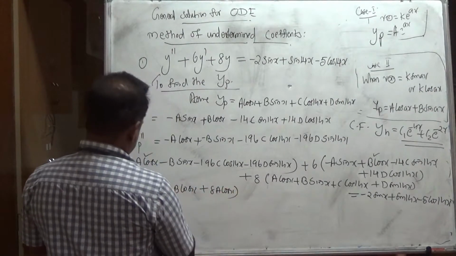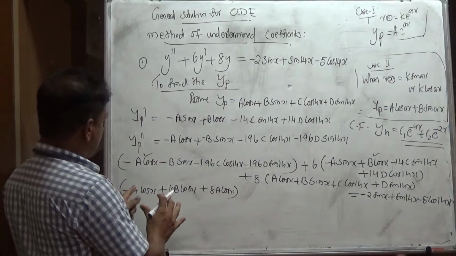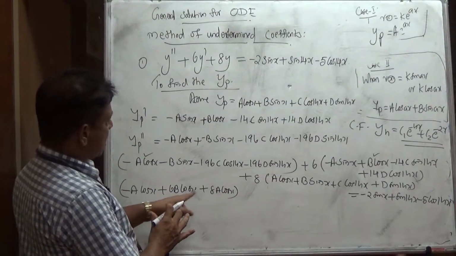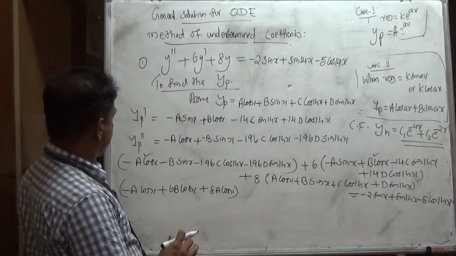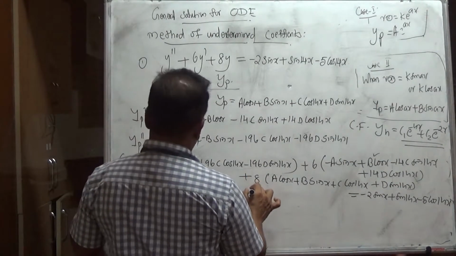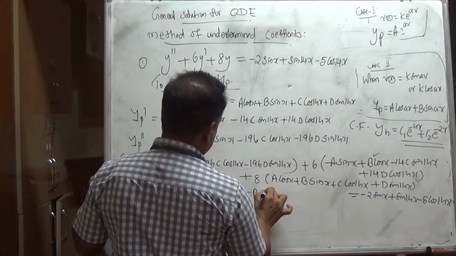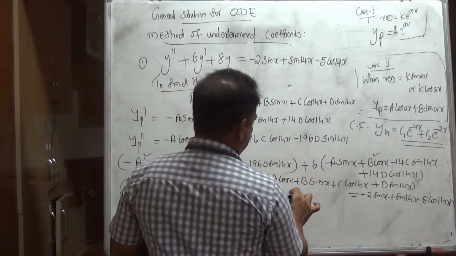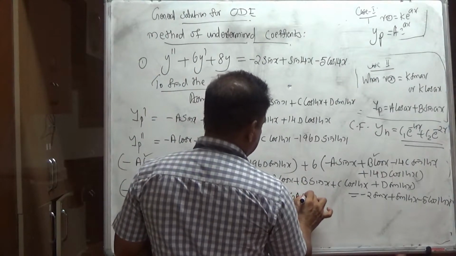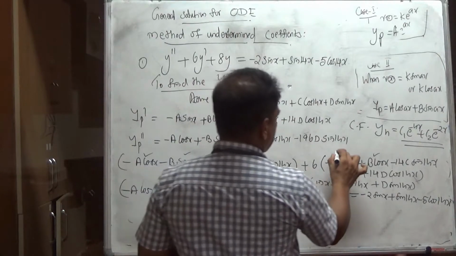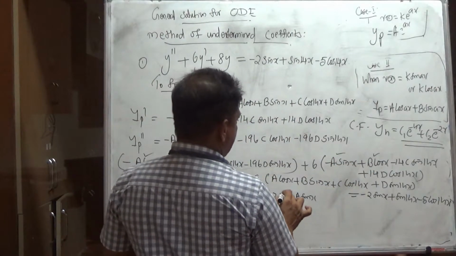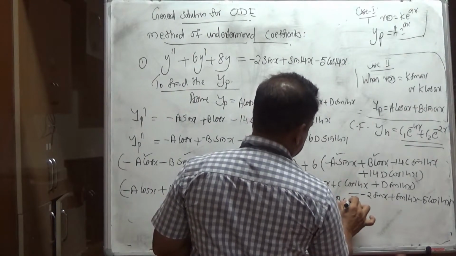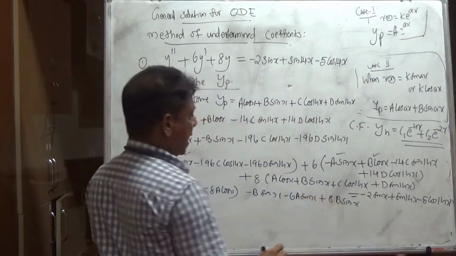Now grouping the cos x terms: minus a cos x, 6b cos x and 8a cos x. Then the sin x terms: minus b sin x, minus 6a sin x, then 8b sin x. We group the sin x terms.